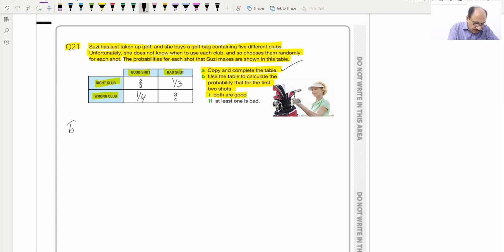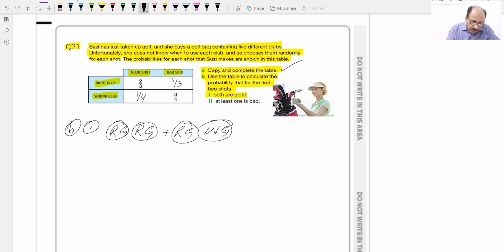So B part, both should be good shots. So there can be options that right club with good shot, and the second shot is also right club and good shot. So these can be the 2 options. Then there can be other options, like for example right club and good shot, but this is wrong club and good shot.